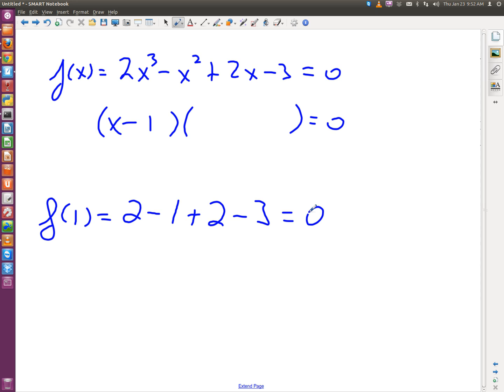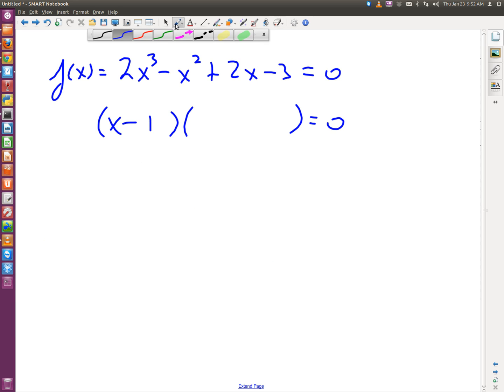Now you have to divide to figure out the rest to see if that's factorable, or maybe use a quadratic formula. If this is a third-degree equation, and I divide it by a first-degree equation, what am I going to get? Second degree. So this is at most a quadratic. Second degree, you can solve by factoring or the quadratic formula. So that part's easy.